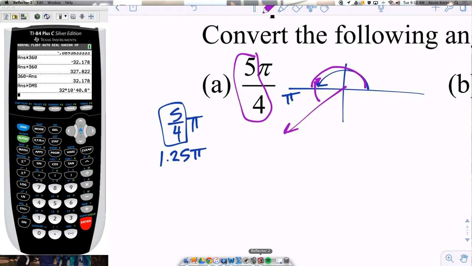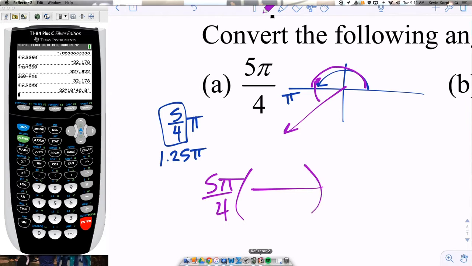Well, 5 pi fourths is one that you're going to memorize soon enough, but if you want to know exactly how many degrees it is, you could convert it. What are the units on radians? Nothing. Good. But you can write rads in the numerator and rads in the denominator if you want something to divide out. And then, of course, we'd have degrees up there. And what's the conversion? 180 over pi.